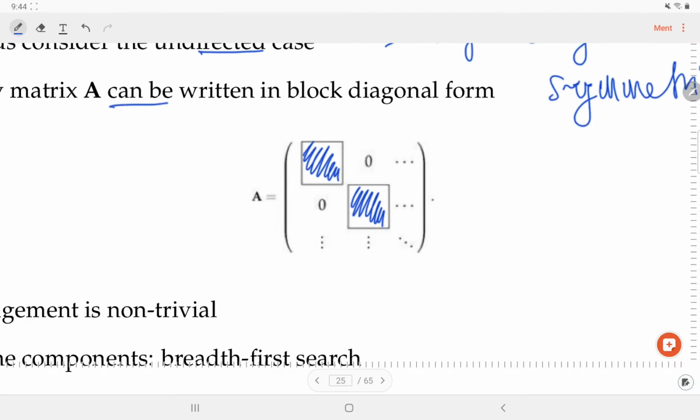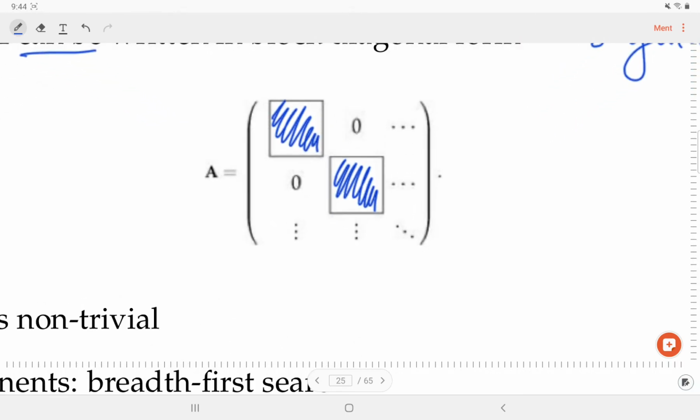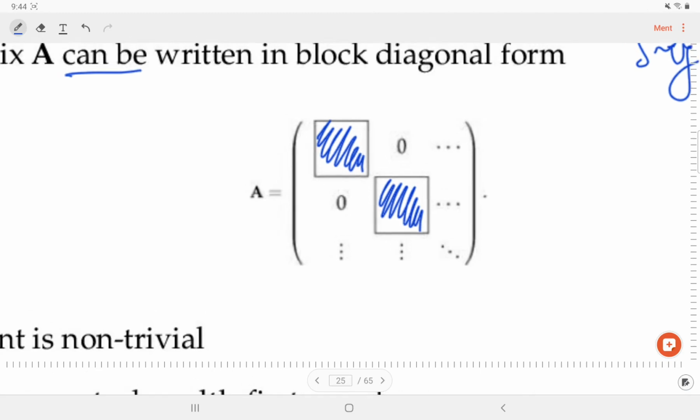Why is it the case? Because it's a matter of labeling the nodes. So 1, 2, 3, and so on.